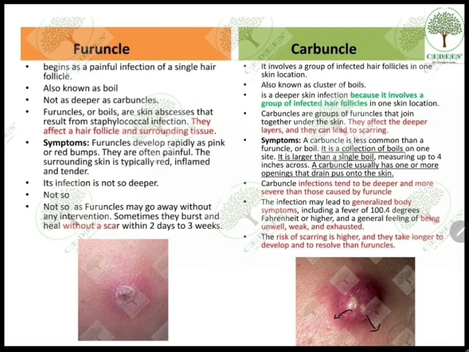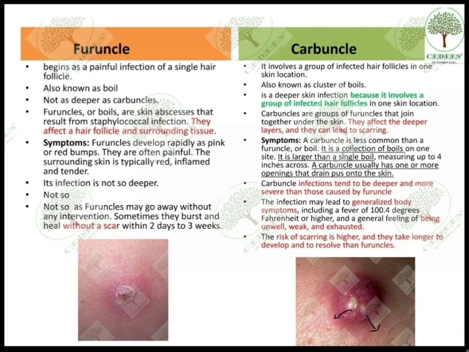Because of this staph infection, the patient will also have generalized symptoms like high fever, regional lymphadenopathy, malaise, the patient will feel weak and exhausted. So definitely the symptoms are much more severe. And of course a furuncle might burst and it might heal without a scar, but a carbuncle will usually take a longer time to heal and it can leave a scar.